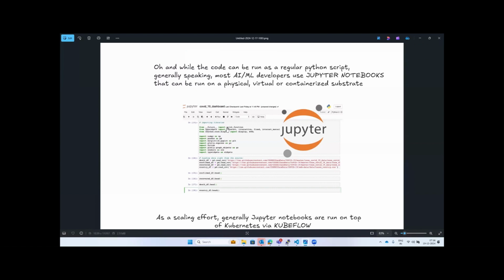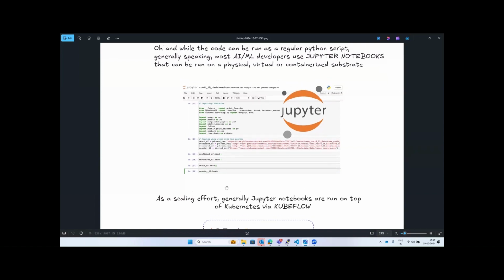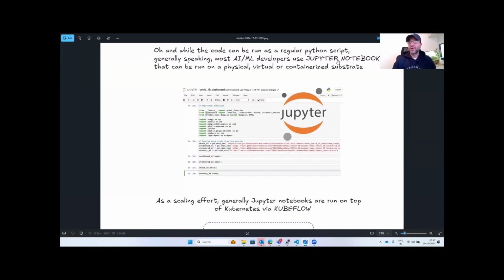Now, what does a Jupyter notebook look like? Again, it's a bunch of Python code and you can run it, and it will execute in the kernel, and interactively it will output the outcomes of every step of your code. Now, you could run Jupyter notebooks on your personal laptop equally well, or on a server, or on a VM, or in Kubernetes.